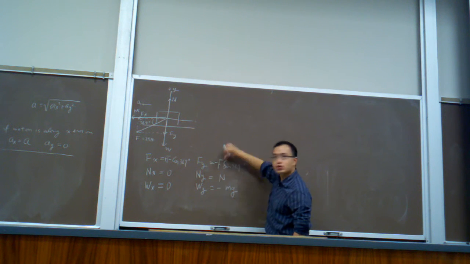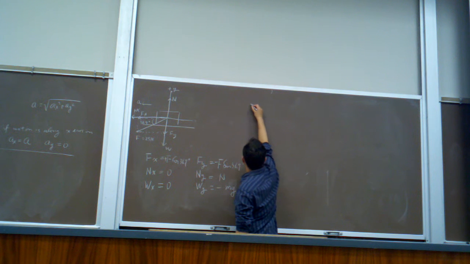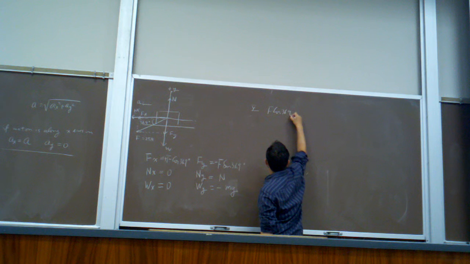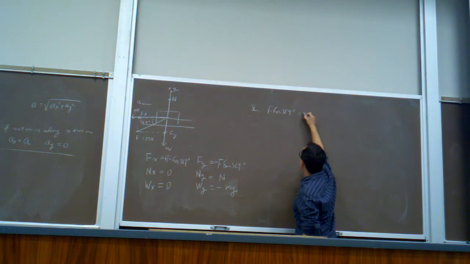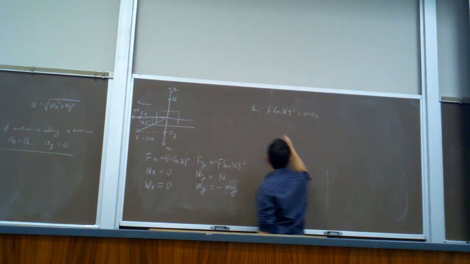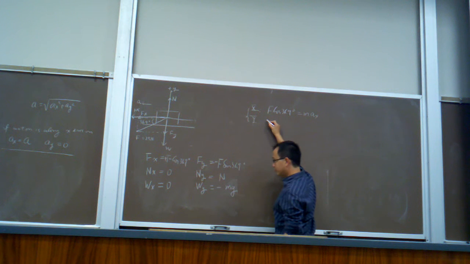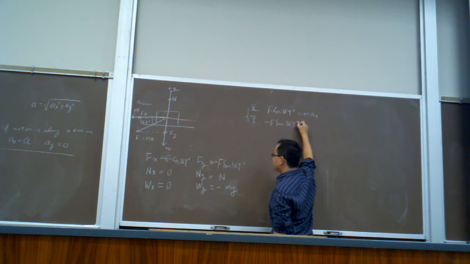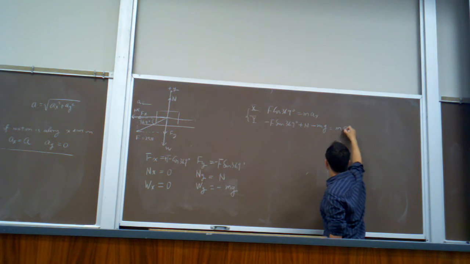In the y direction, you put the three forces together to get may. So in the x direction, you have F cosine 36.9 degrees equals max. For the y direction, you have negative F sine 36.9 degrees plus N minus mg equals may.